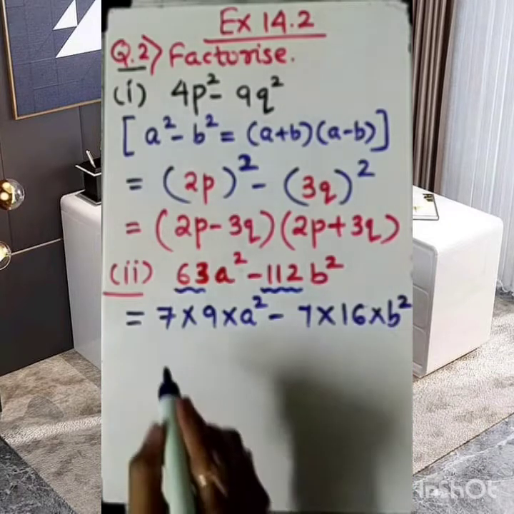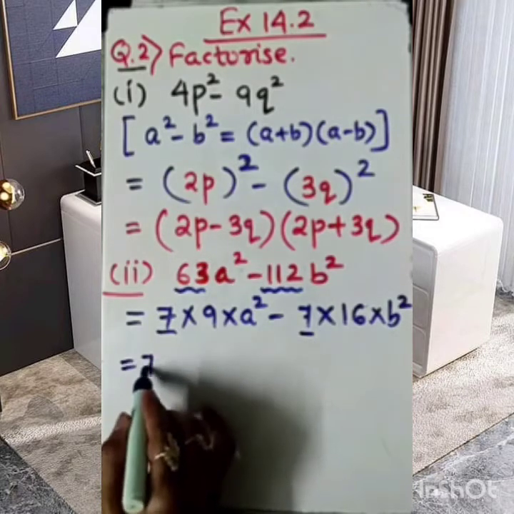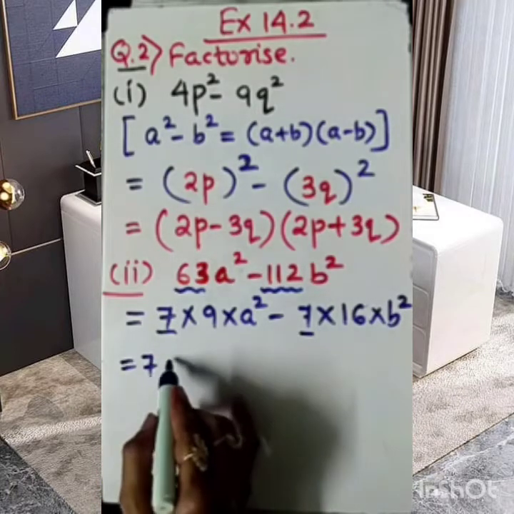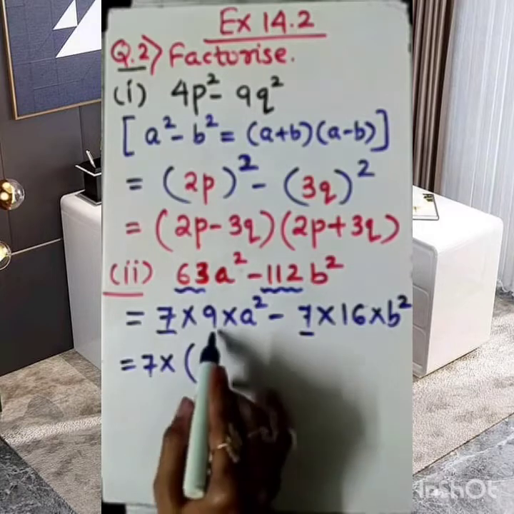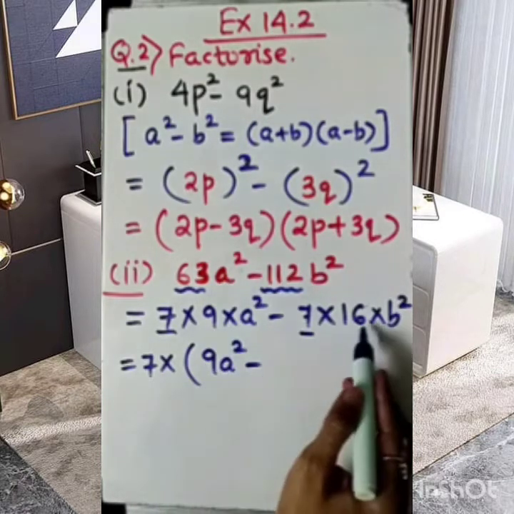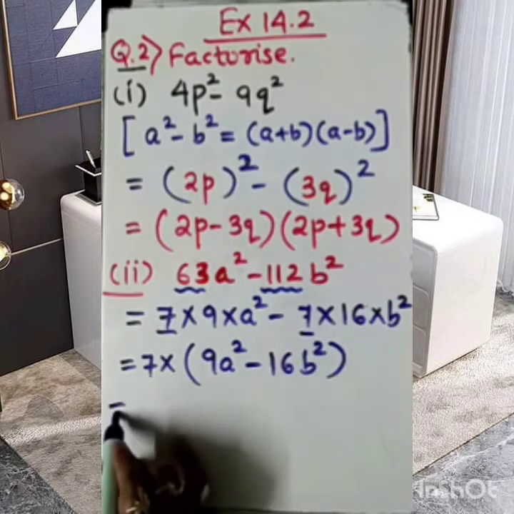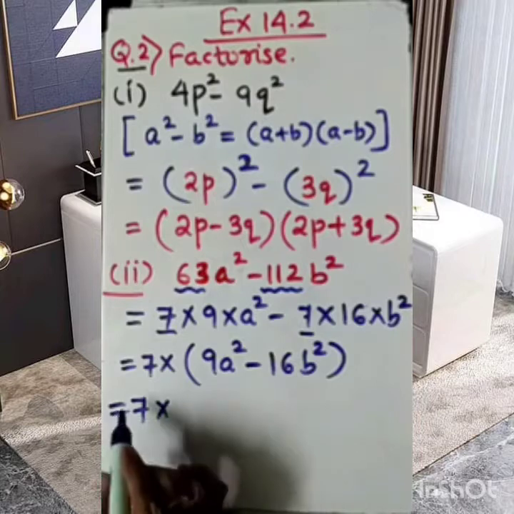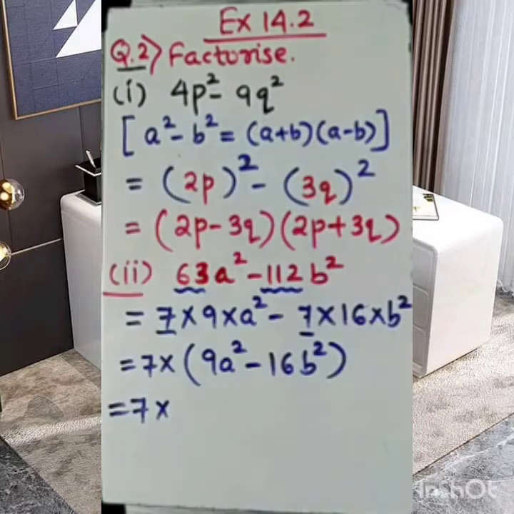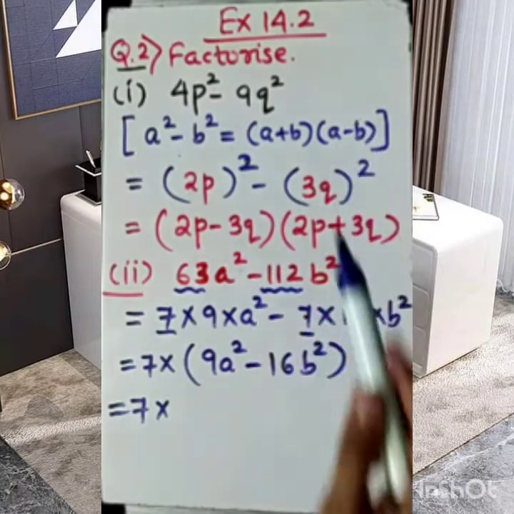So my dear student, here 7 and 7 are common. I need to mention 7 outside the bracket. So what will be left inside? I need to write 9a square minus 16b square. Got it? Now we need to apply again the same identity. Which identity am I talking about? a square minus b square equals a plus b, a minus b.